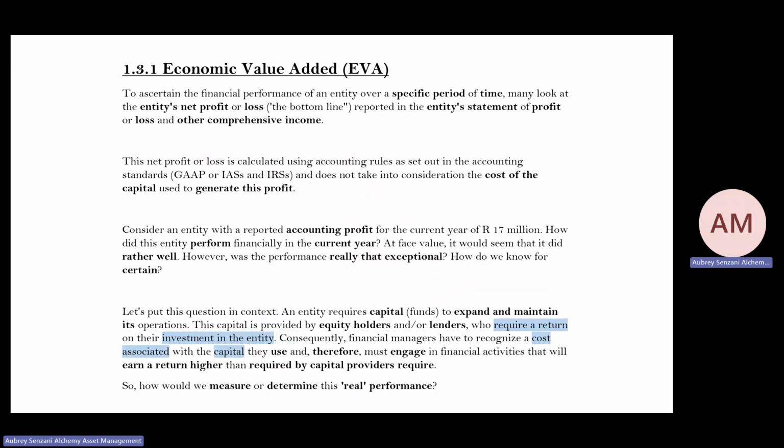Because remember, the key objective or goal is that of wealth maximization. So, how then do we best see if we have increased shareholder wealth? And this is where the economic value add now comes into place.